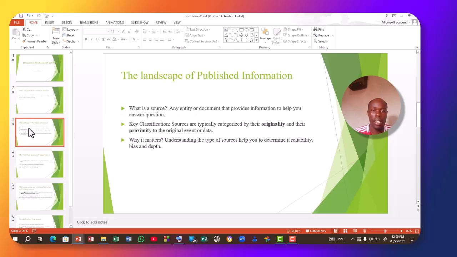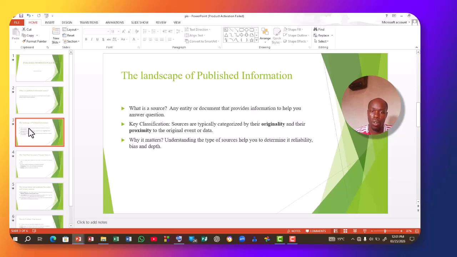Then my third slide, the landscape of published information. What is a source? Any entity or document that provides information to help you answer questions. Then we go further to look at the key clarifications.